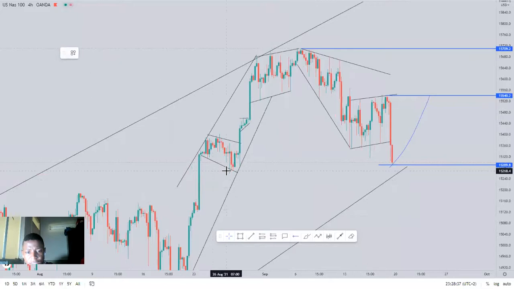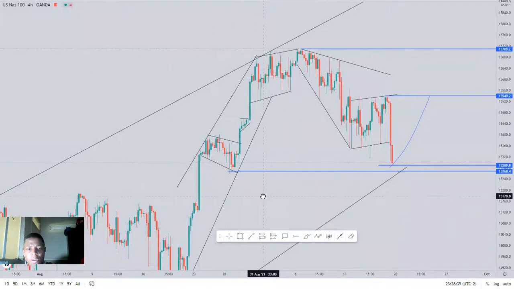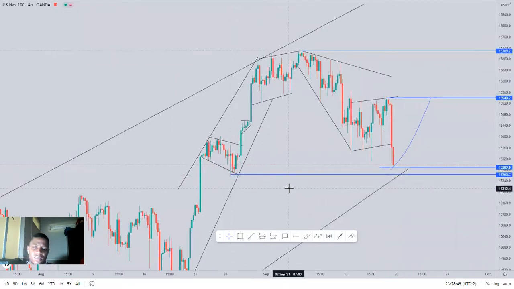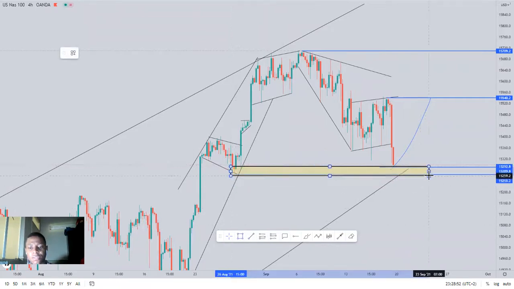Okay, so let me just cater for this lowest low structure, which doesn't necessarily serve, but for the sake of simplicity. I don't use this a lot.